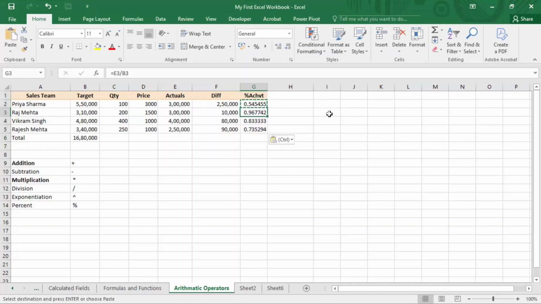This is 96% achievement. This is 83 and 73. This is actually giving me that I have achieved 54.54 percent of my target. So that gives me the percentage with the help of a division symbol. We have this forward slash being used to divide the actuals by the target.